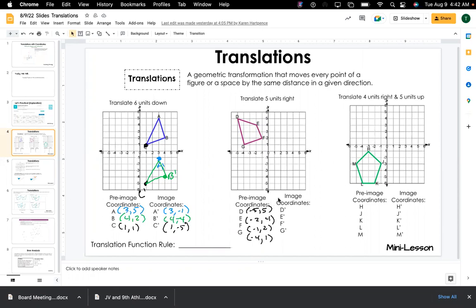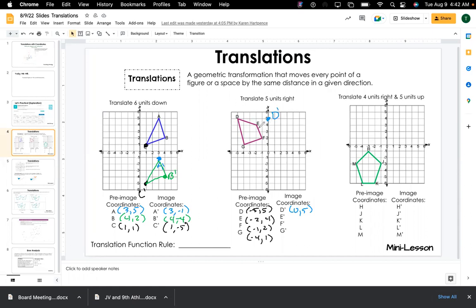When you are shifting something to the right, what you're doing is affecting your X value. So you're going to add 5 units. -5 plus 5 is going to give us 0, 5. Again, another way to do this is to count over 1, 2, 3, 4, 5, and this is going to be my new point.